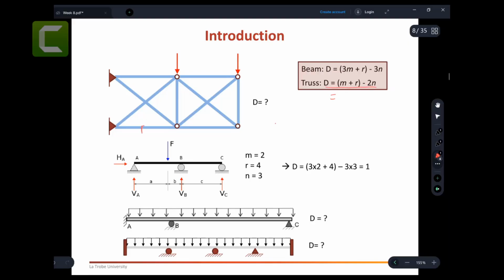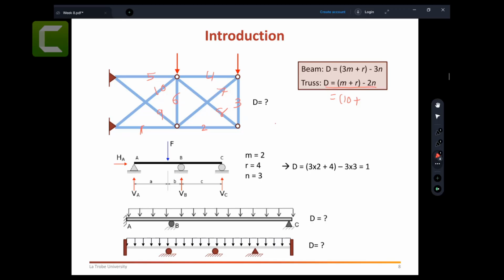You have member 1, 2, 3, 4, 5, 6, then member 7, 8, 9, 10. So in this truss, you have 10 members. Let's put 10 there.